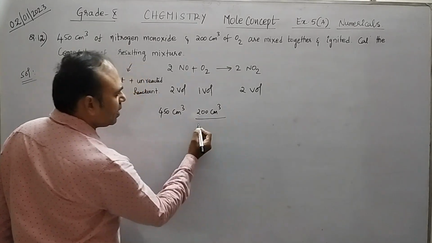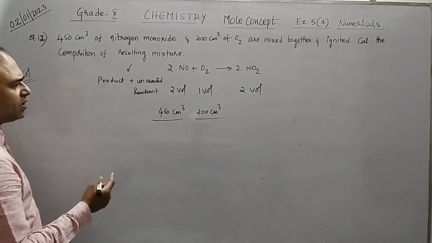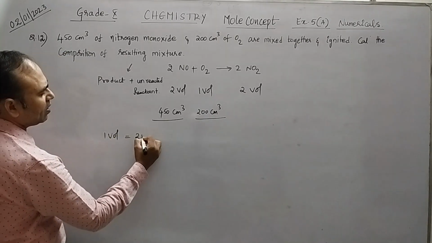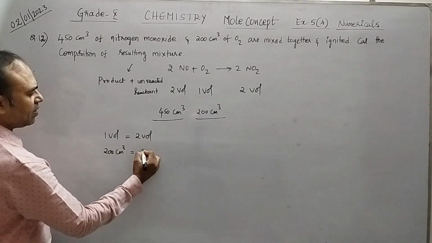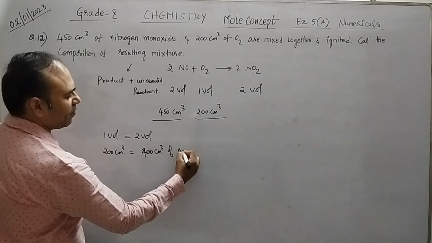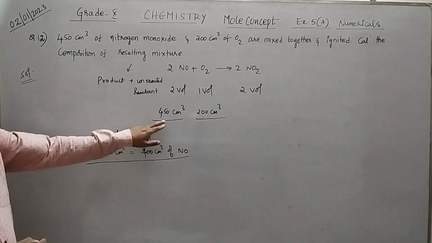For 200 of oxygen, how much NO should be taken? It is quite obvious that if 1 volume requires 2 volume, 200 centimeter cube definitely requires 400 centimeter cube of NO. This we know, but how much is given? 450 centimeter cube.